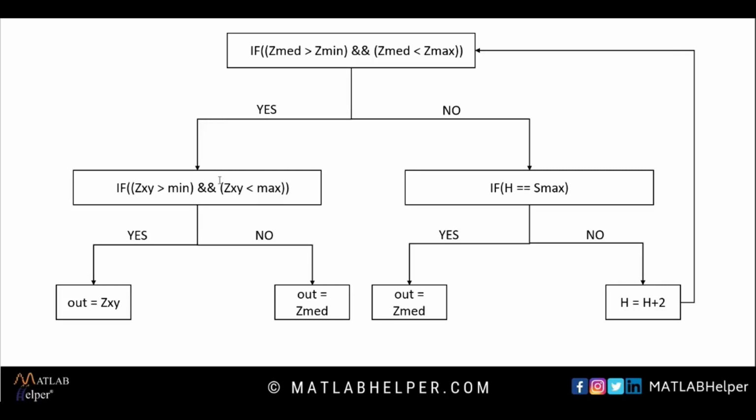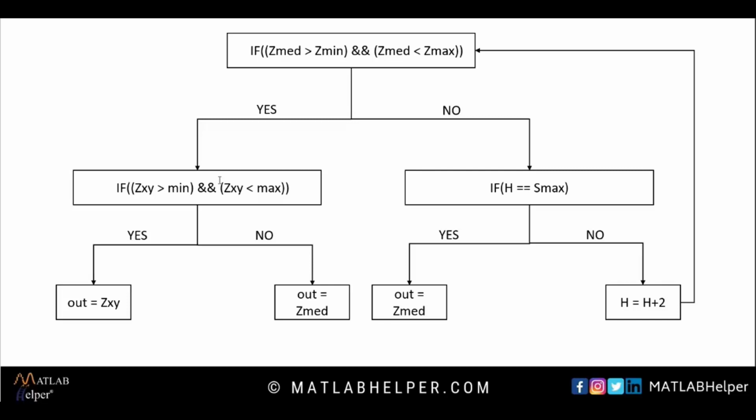If Z median does not lie between Z min and Z max, but is equal to the Z min or Z max, then the window size must be increased. So for the window size to increase, we should find out whether the present window size is equal to the maximum allowed window size Smax.